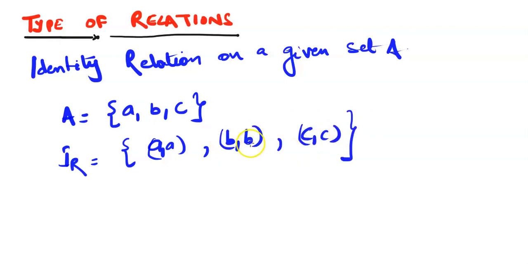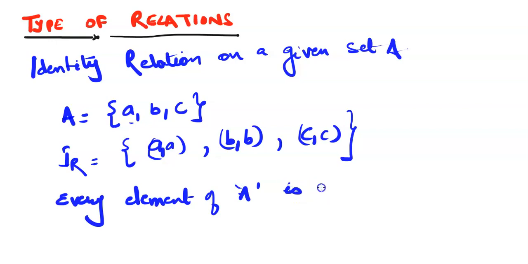That is, every element of A has the same relationship with itself. Every element of A is related to itself. That is what we call an identity relation.